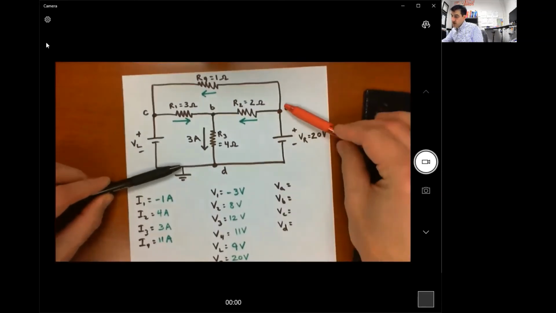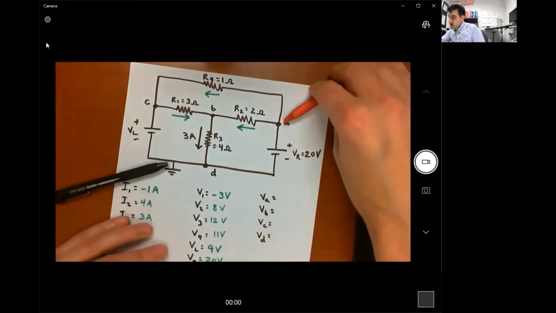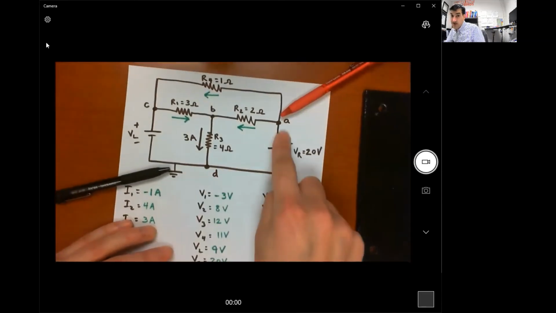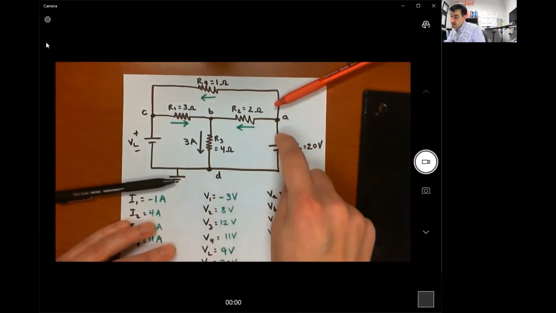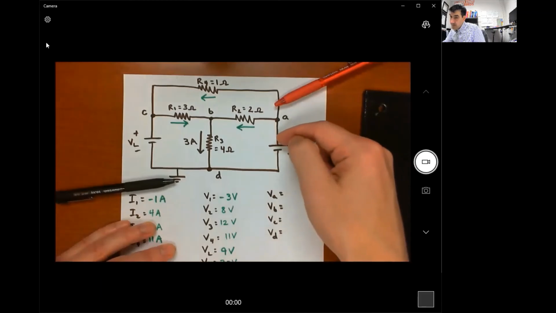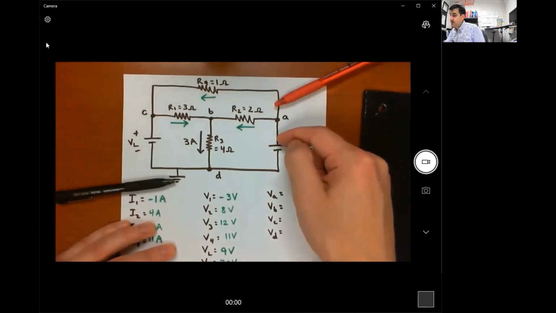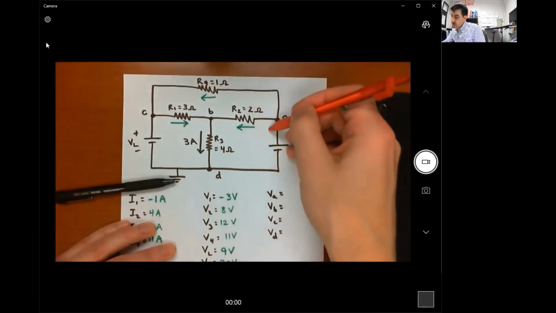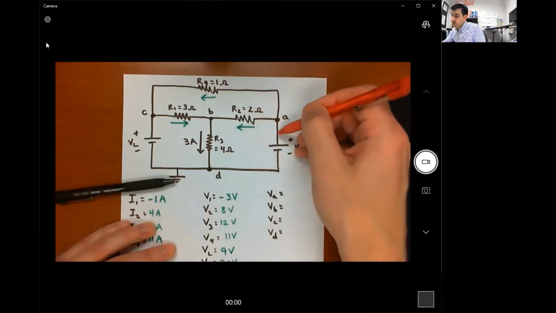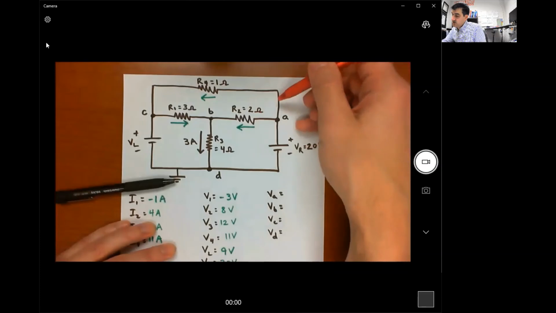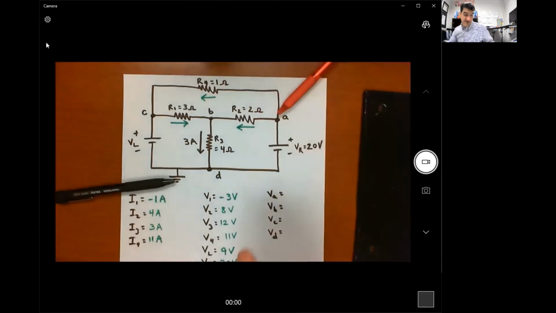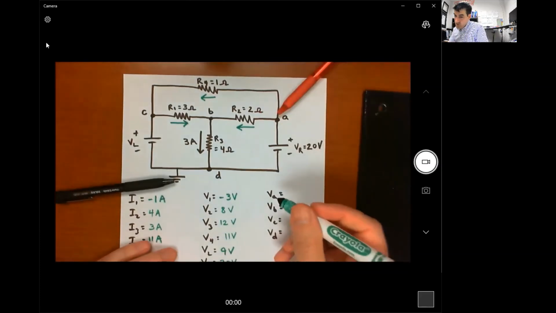The easiest way to get from ground to node A is through here, right? And when I do that, I gain 20 volts. So up here, the voltage is 20 volts. And it's actually 20 volts in the entire region up here on the upper right because there's no component to drop voltage up here. So I can write in voltage at A is 20 volts.